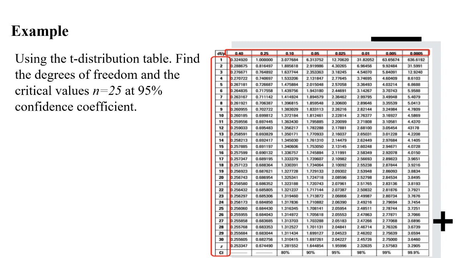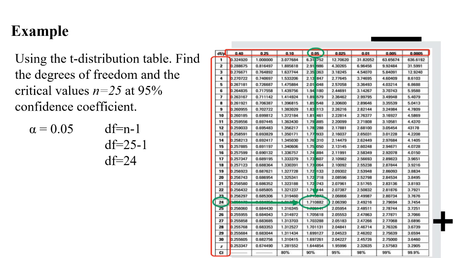Let's have another example. Using the t-distribution table, find the degree of freedom and the critical value when n is equal to 25 at 95% confidence coefficient. Since the confidence coefficient is equal to 95%, we have an alpha that is 0.05 and the degree of freedom that is n minus 1, that is 25 minus 1, that is equal to 24.